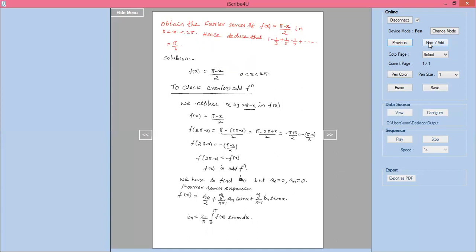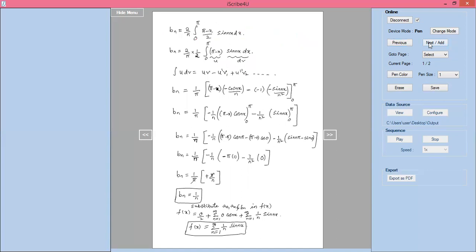Right, now I'll expand this f of x. For n equal to 1, I get 1 by 1 into sin x. For n equal to 2, 1 by 2 sin 2x. For n equal to 3, 1 by 3 sin 3x. For n equal to 4, 1 by 4 sin 4x. For n equal to 5, 1 by 5 sin 5x.